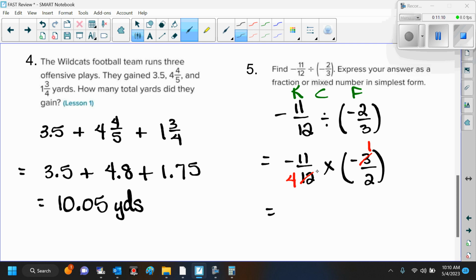Nope. So we already know it's going to be positive because negative times a negative is a positive. So 11 times 1, 11, over 4 times 2, 8. Now we change to a mixed number. So how many times does 8 go into 11? 1 time with 3 left over. Very good. So that's going to be 1 3/8 and no label.